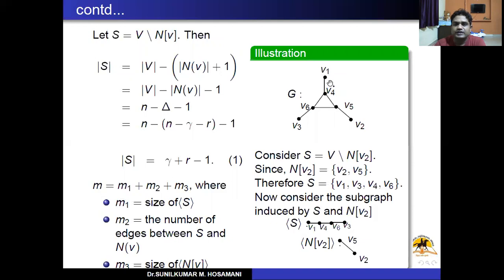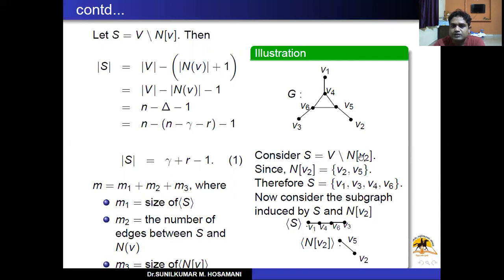Here you can construct a set S by using any vertex. So here I am selecting V2. With respect to V2 I am constructing a set S here. So consider S equal to V minus the closed neighborhood of V2. Here you can see that the closed neighborhood of V2 is V2 and V5.